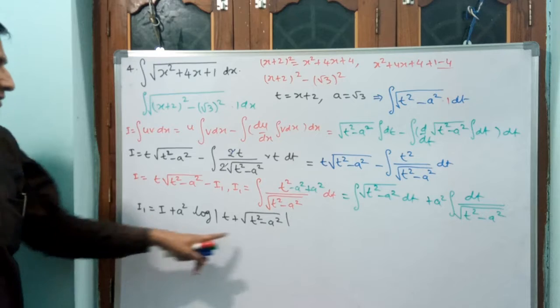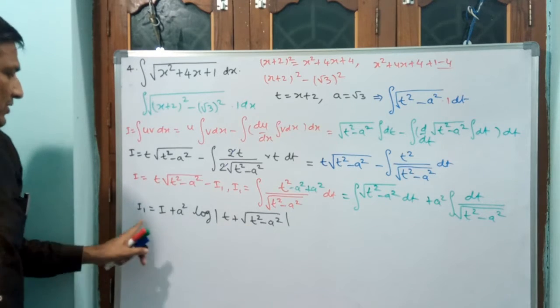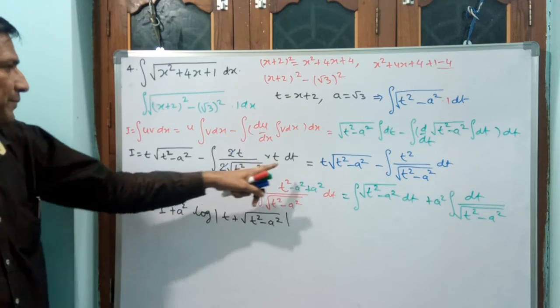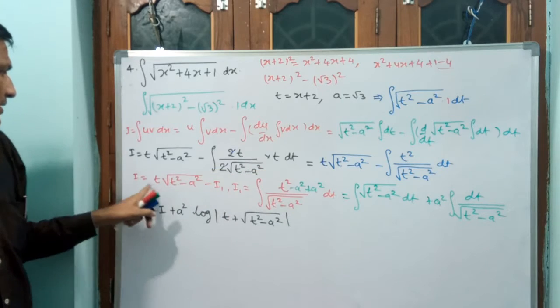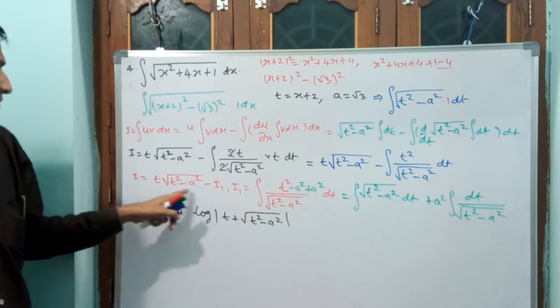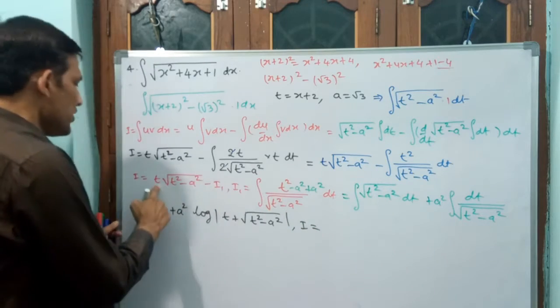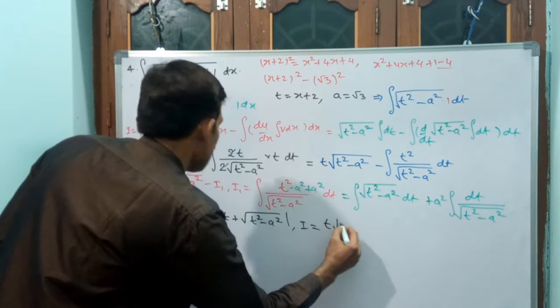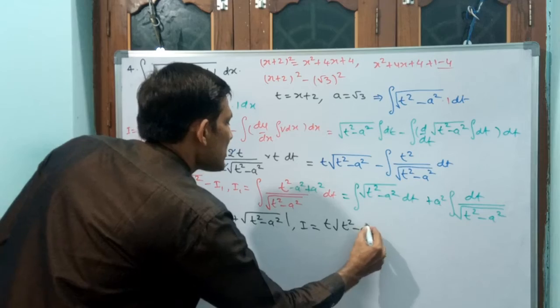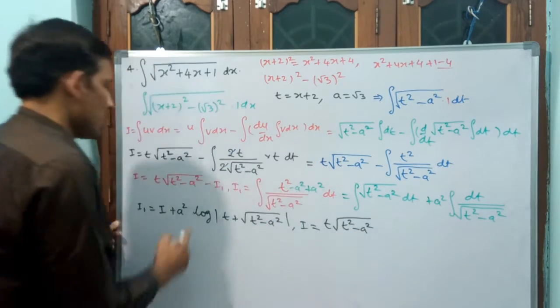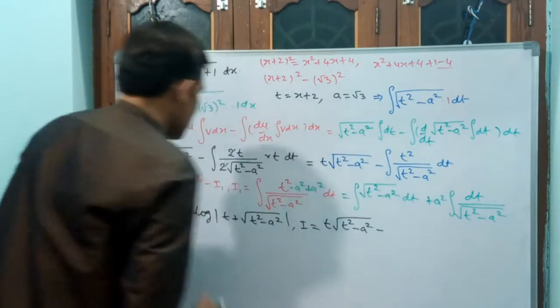Okay, now I1 is equal to this one, but this I1 you substitute in I. Where is it? Here you see I is equal to both these. Okay, write down. I is equal to t into square root of t square minus a square minus I1.